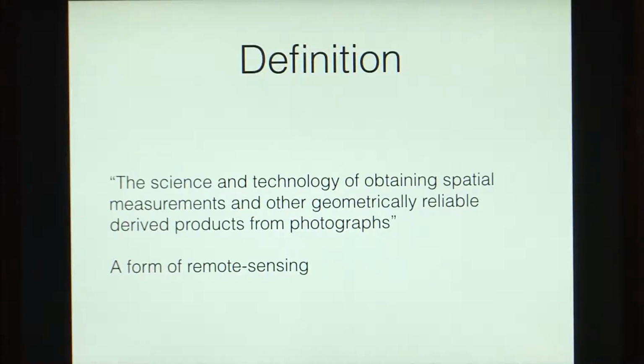Technology is the application of science. So, it is the application of knowledge. So, it is the science and technology of obtaining spatial measurements. Spatial measurements means measurements over space and other geometrically reliable derived products. So, we not only take direct measurements, but we can also make some other derived products from photographs, and it is a form of remote sensing.